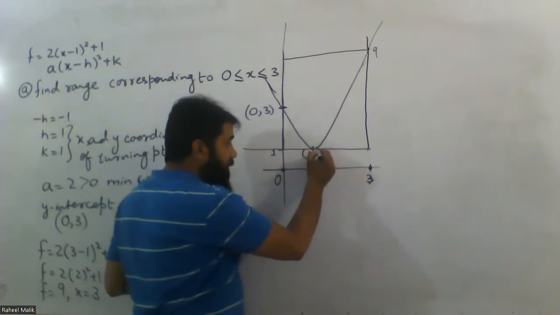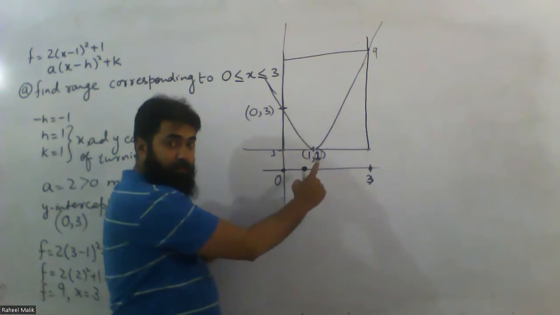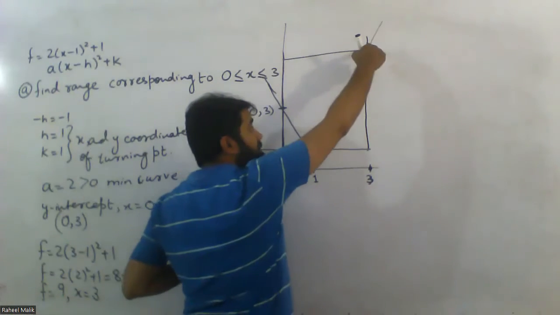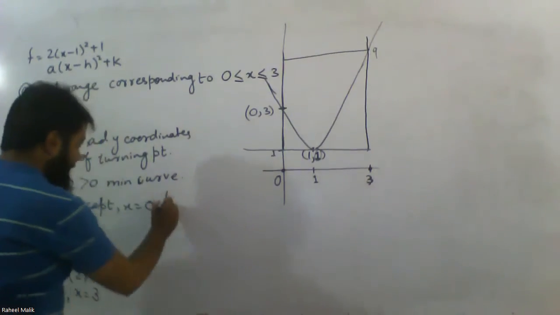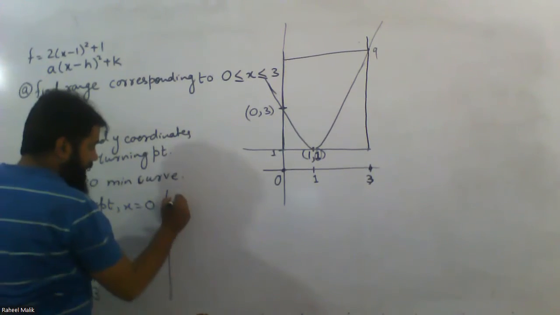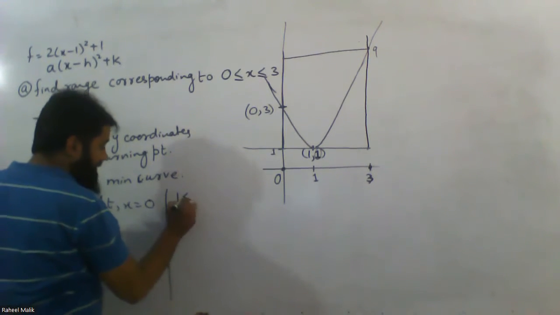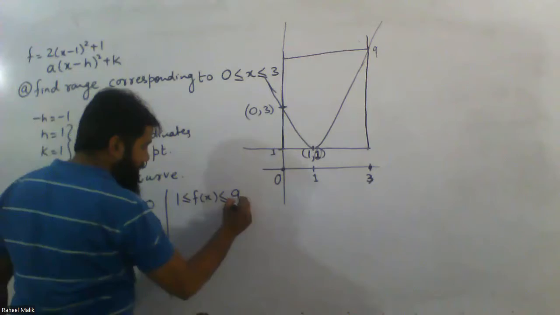The smallest value of the range is 1, which is over here, and the highest value of the range is 9. So the result of the range for this one will be 1 is lesser than or equals to f(x), lesser than or equals to 9.